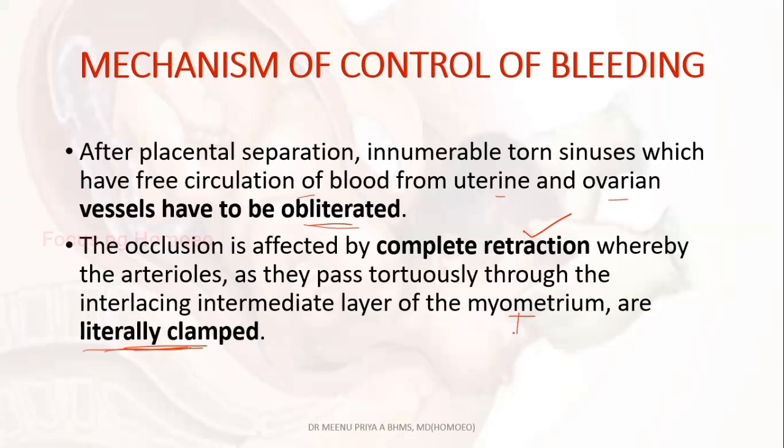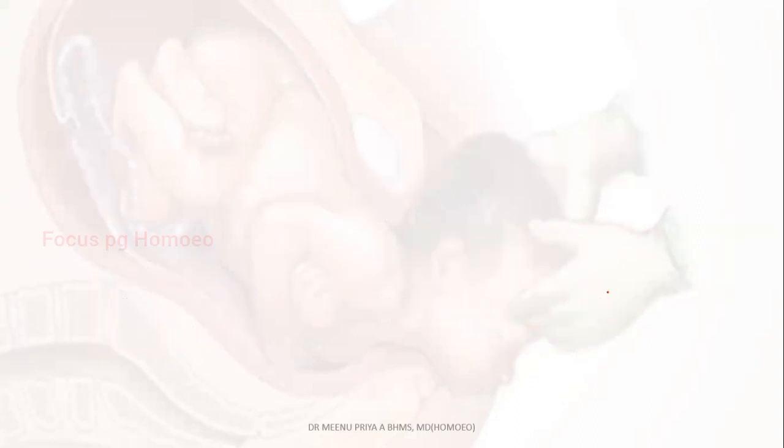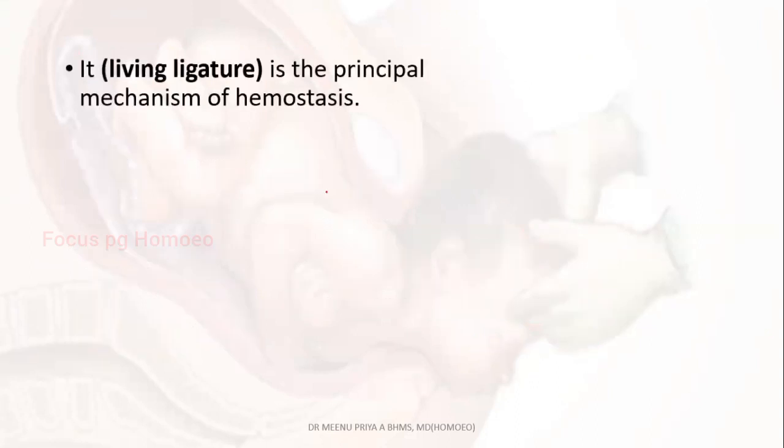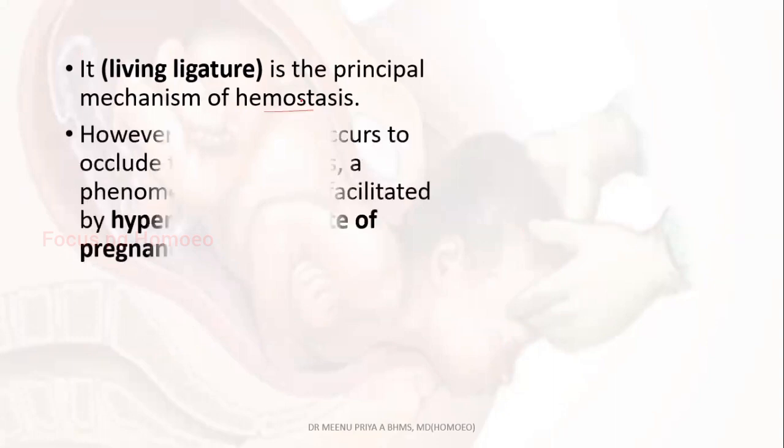This mechanism is happening in the myometrium. That is why it is called the living ligature. This is a frequently asked question: which layer is the living ligature of the uterine cavity? It is the myometrium. The living ligature is the principal mechanism of hemostasis.